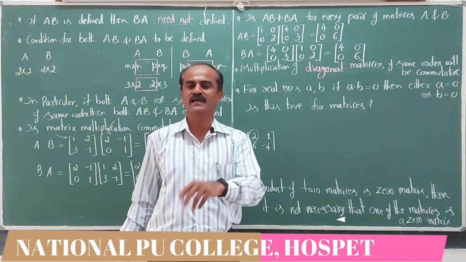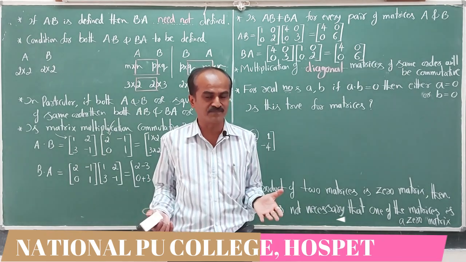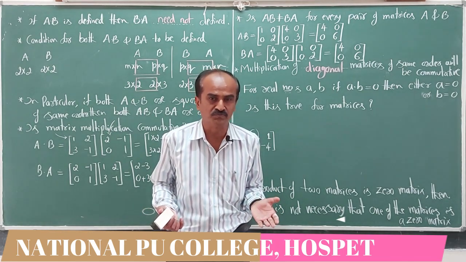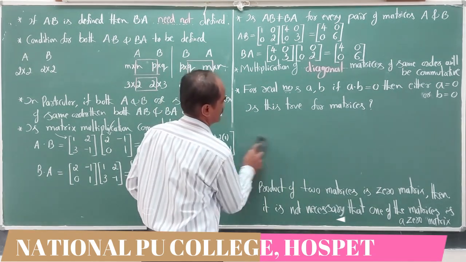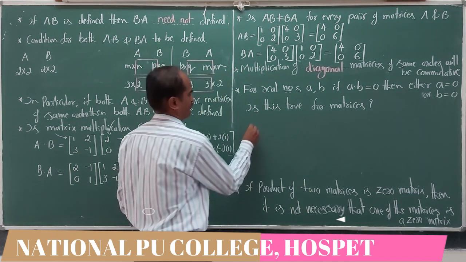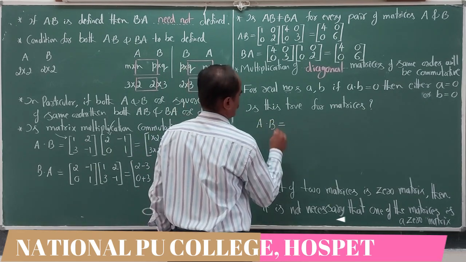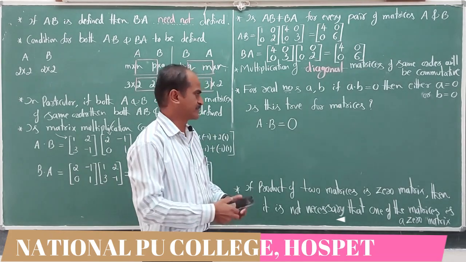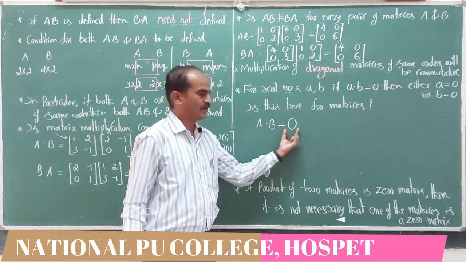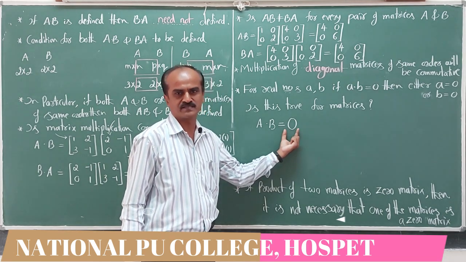That is guaranteed always. Now the question is, even in the matrix equation, is this true? That is, on multiplying two matrices A and B, the resulting matrix is a null matrix, 0 matrix.